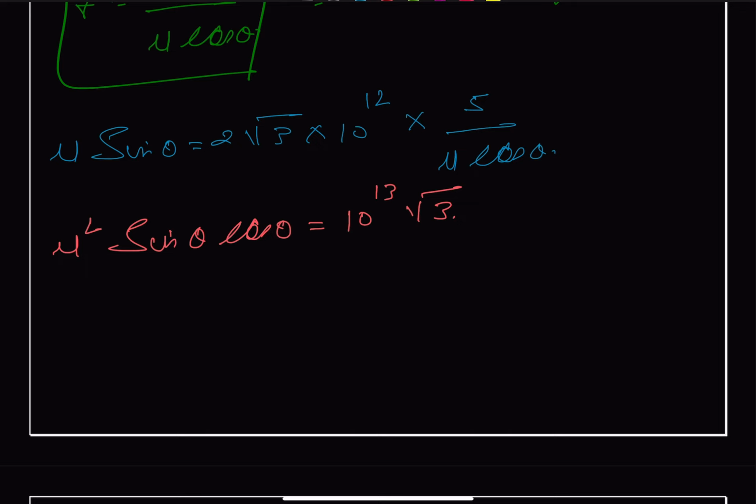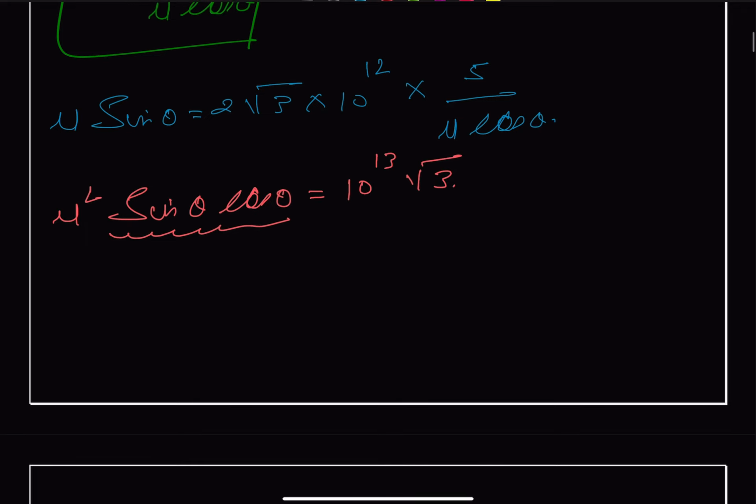And we can convert this sine theta into cos theta by a double angle, or we can say half angle. So we can write this as 1 by 2 u square sine of 2 theta is equal to 10 raised to the power 13 square root of 3.